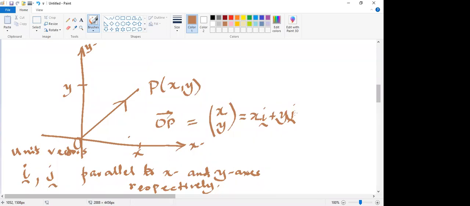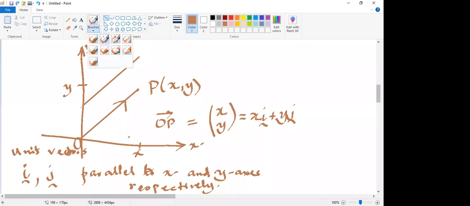But the main thing is the position vector of the point P is the vector OP. I can have other vectors. For example, I can have a vector there, equal and parallel to the vector OP.